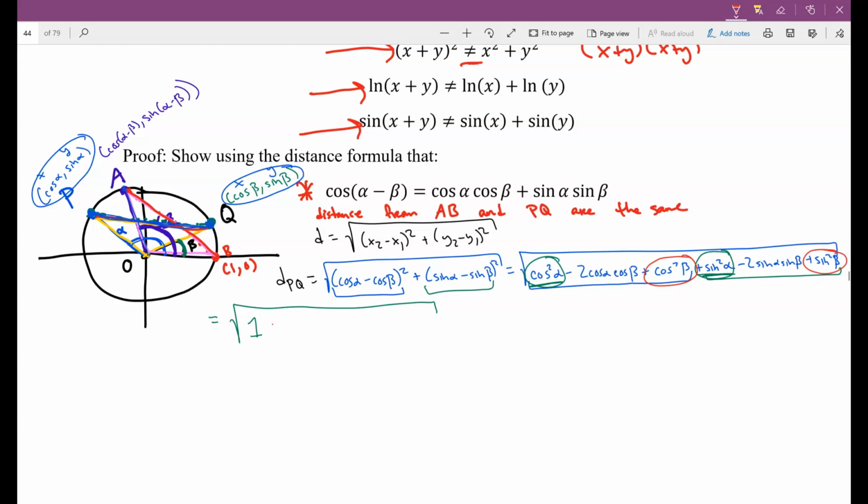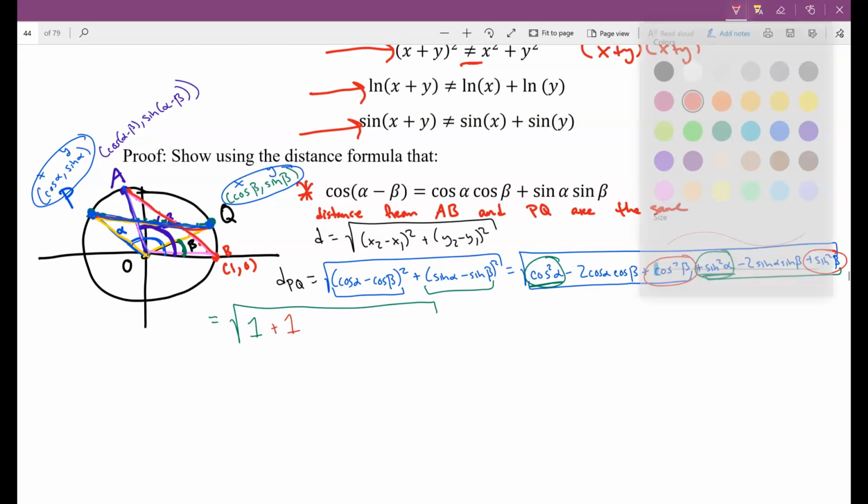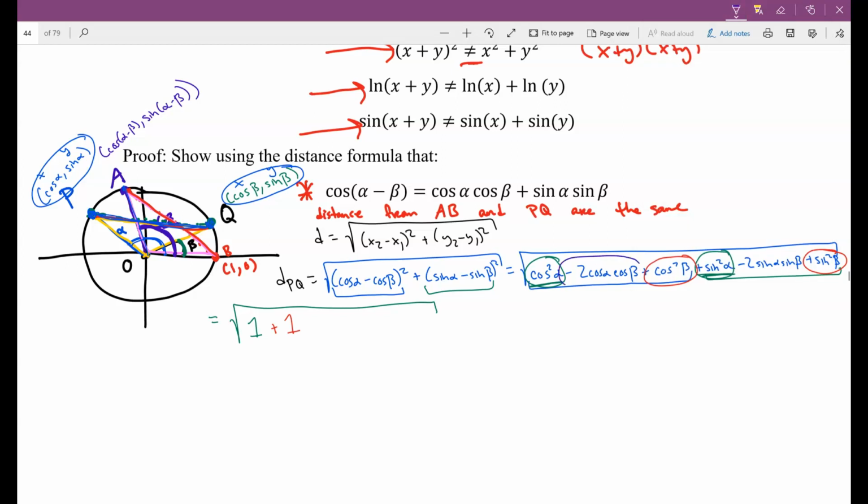That is also going to give me another 1. All I'm left with is these two guys: negative 2 cosine alpha cosine beta minus 2 sine alpha sine beta.